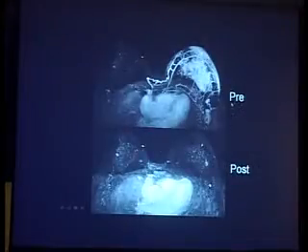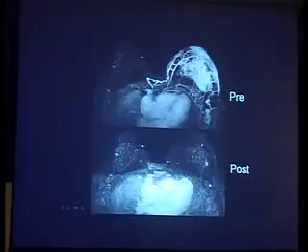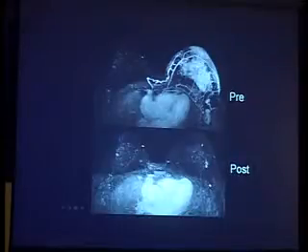And just to show you her course, this is her pre and post. Pre what and post what? Chemo. Okay. So pre-neoadjuvant chemo and post-neoadjuvant chemo. So the lymph nodes have responded and much of the breast has responded as well with a single enhancing focus remaining.